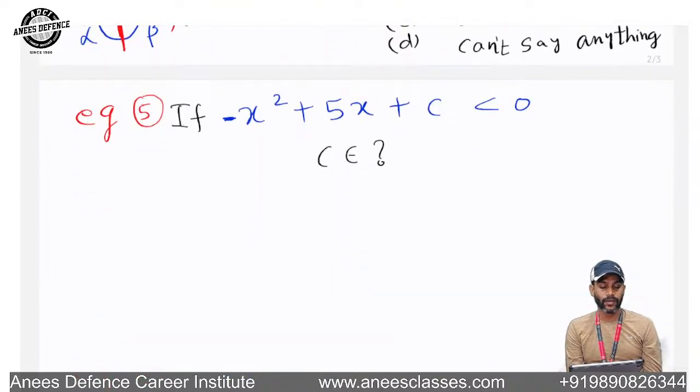If minus x square plus 5x plus c is less than 0, what are the possible values of c? Slightly different question. Try to draw the graph. You'll get the idea.